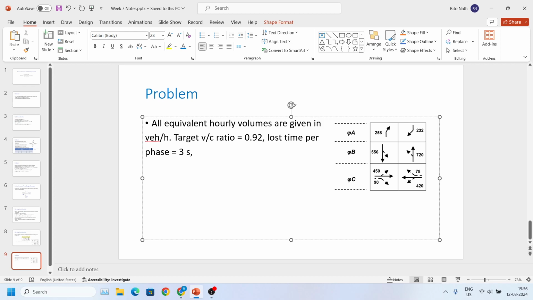I think that would be useful in a later problem where you have to determine the estimated cycle length. I think it goes on to the other problems as well, the delays and so on. But anyway, let's first answer this.